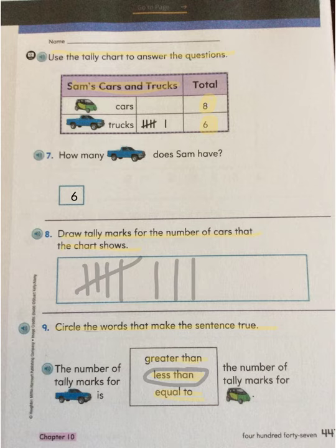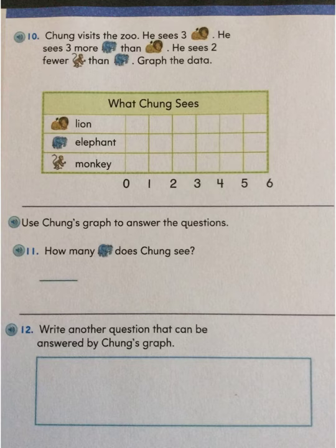Okay, let's go to our last page. Last page, number 10, says Chung visits the zoo. He sees 3 lions. He sees 3 more elephants than lions. He sees 2 fewer monkeys than elephants.